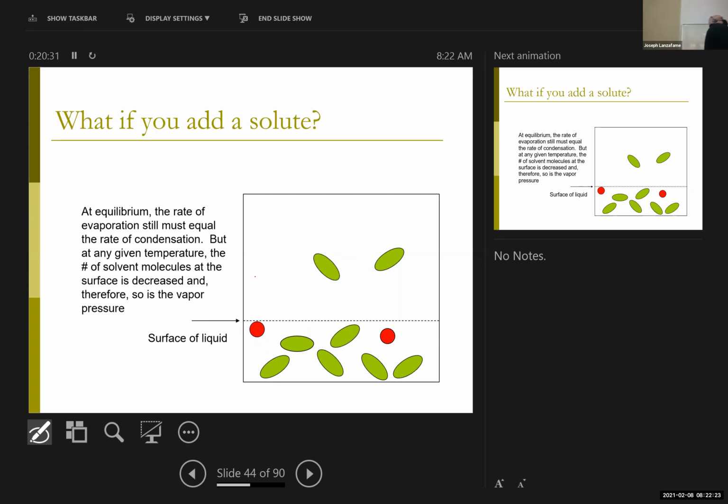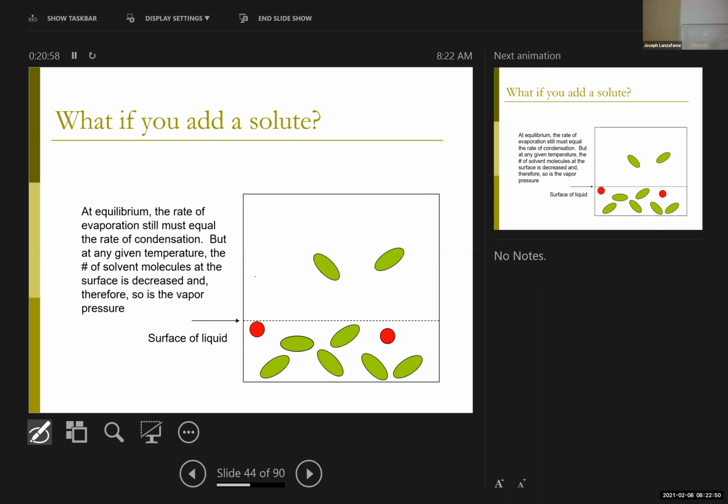If I were to have a solute present, I'm now a solution. I have essentially purely statistical blocking of the surface. Some of my surface positions are now not occupied by the solvent.